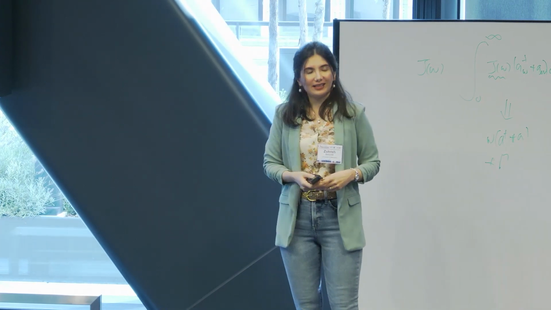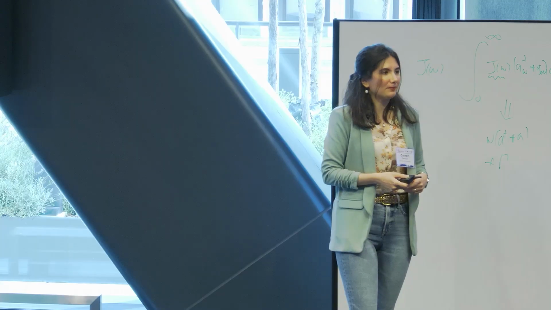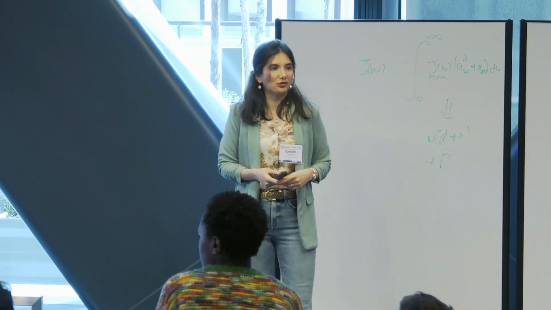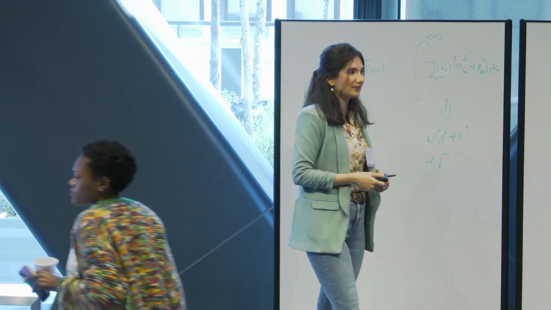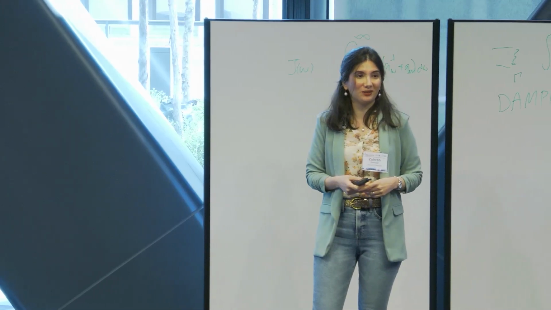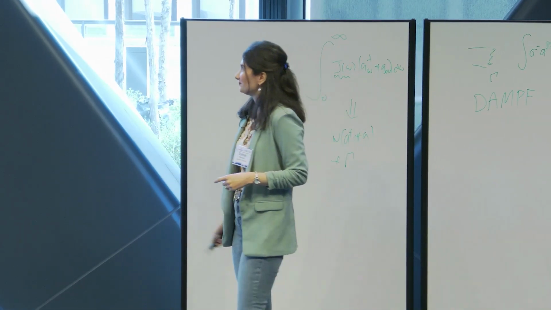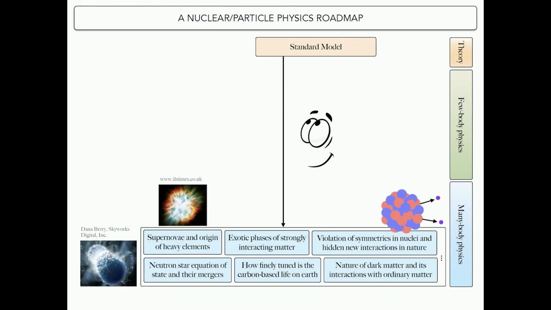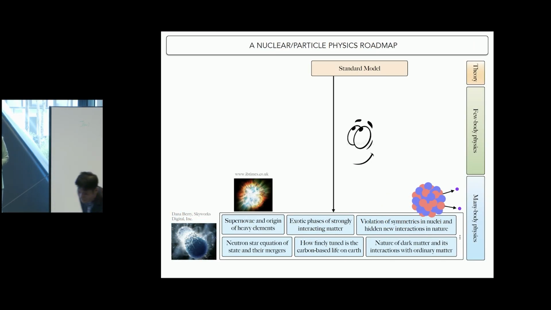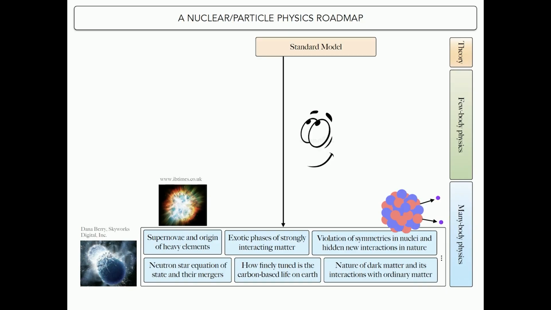So let's set this stage and see what kind of problems we are after and what is our eventual goal for those of you who are not necessarily thinking about problems in nuclear and particle physics. So we have an overarching goal. We would like to do simulations from first principles. And for us in nuclear and particle physics, first principle means the standard model of particle physics.